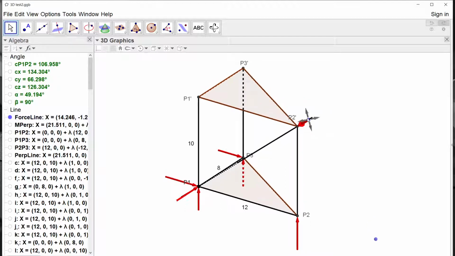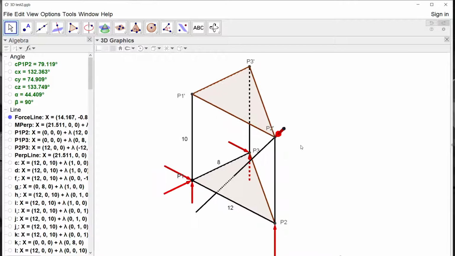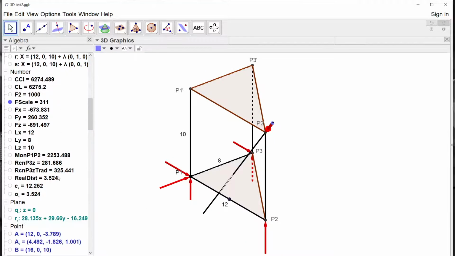Just no two-dimensional statics, just the 3D problem. So for instance, what if I wanted the P3, the vertical equilibrating reaction? One way of doing this is to take moments about the P1, P2 line.